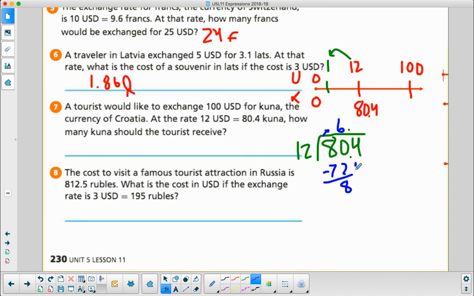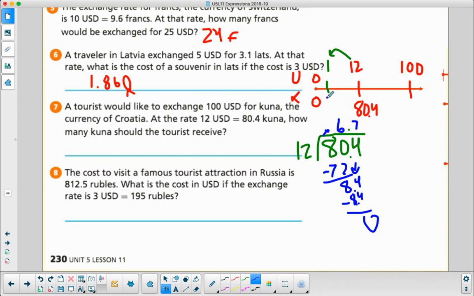But when I bring down a 4, I know there's 7 12s in 84. So there's 7/10 of a 12 in 8 and 4/10. 7/10 multiplied by 12 is 8 and 4/10. So that's nothing left.